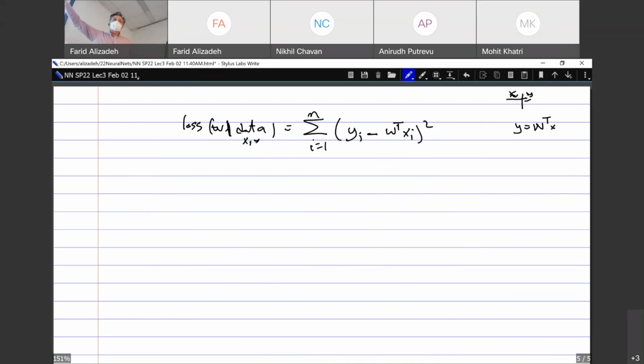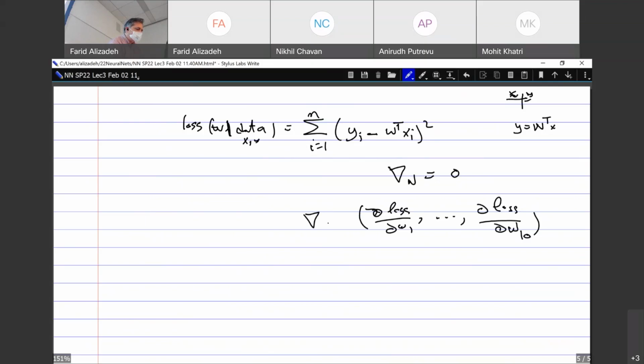In fact, if you take its derivative, as is in the notes and I mentioned last time, the derivative is linear. What we are trying to do is solve this system of equations. The gradient has as many functions in it as there are w's. For example, if there are 10 w's, the gradient is the derivative of loss with respect to w1, and so on, up to the derivative of loss with respect to w10.